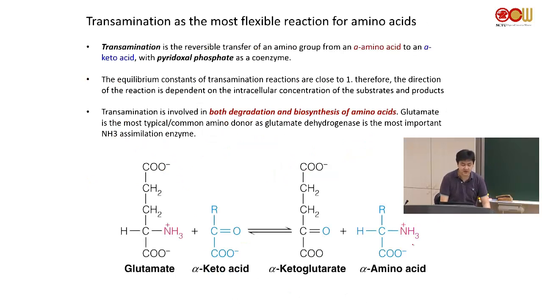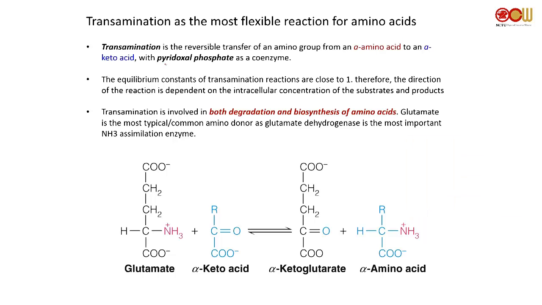We're going to spend a little bit of time talking about transamination. Transamination is the most flexible reaction for amino acid both synthesis and degradation. Transamination is the reversible transfer of an amino group from an amino acid to an alpha keto acid.